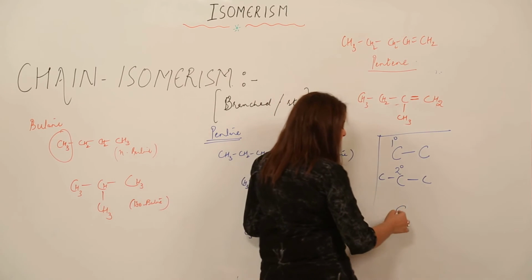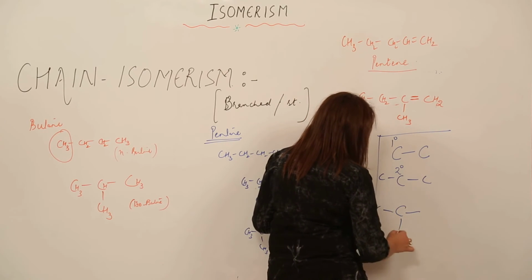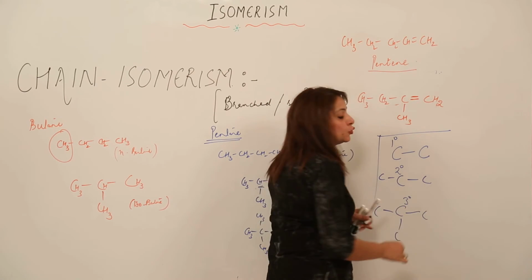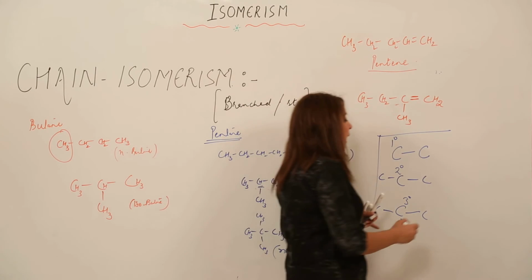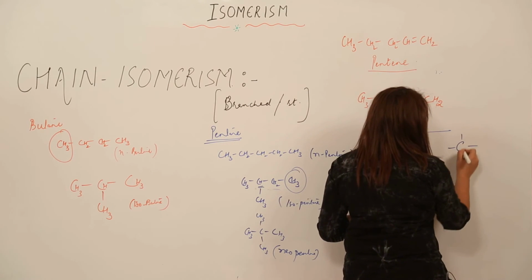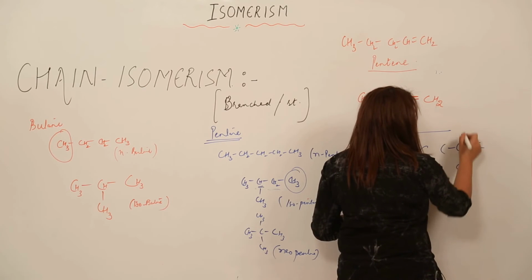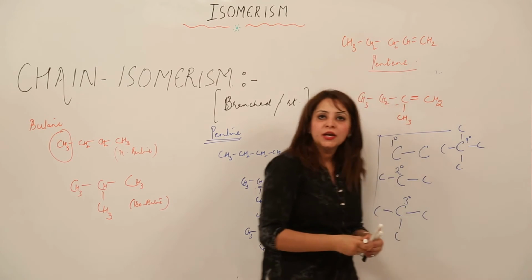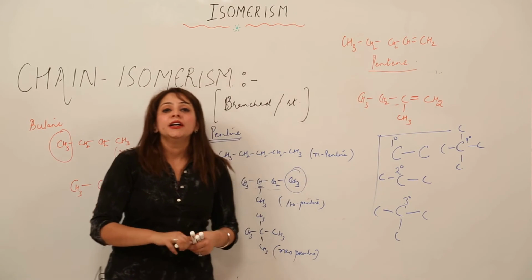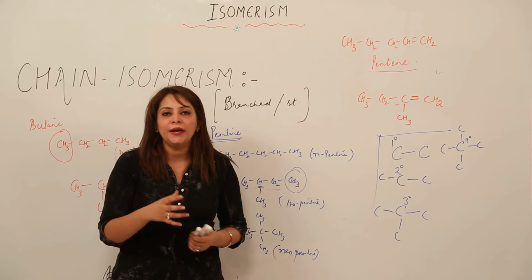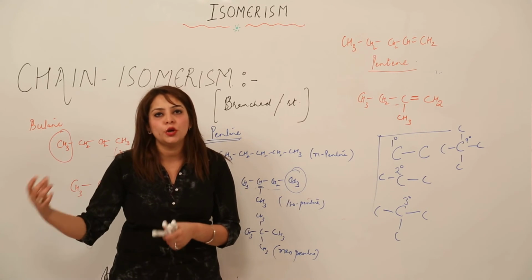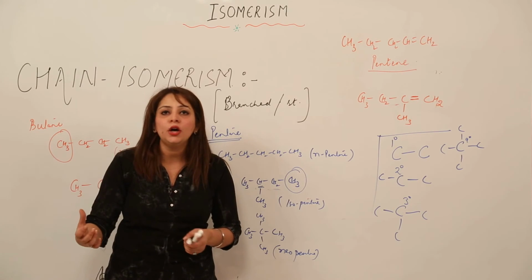If attached directly to 3 carbon atoms, it is 3 degree. And if attached directly to 4 carbon atoms, it is called 4 degree. This is how we classify the carbon atoms of a chain as primary, secondary, tertiary, quaternary, or 1 degree, 2 degree, 3 degree, or 4 degree.